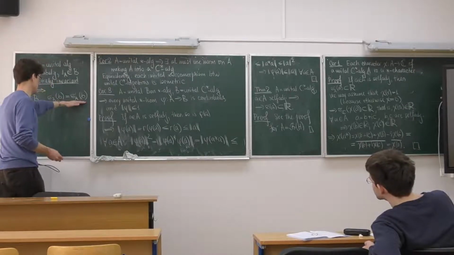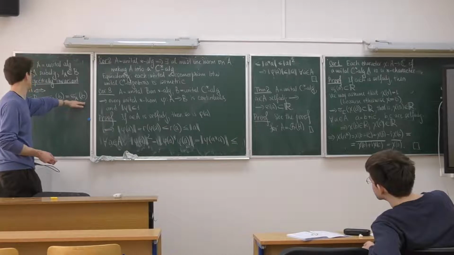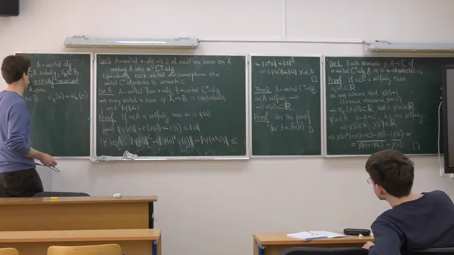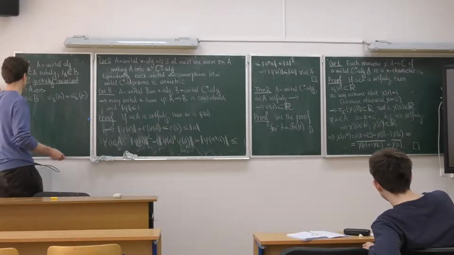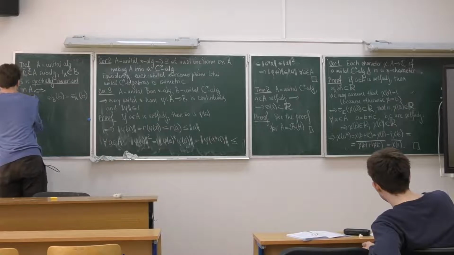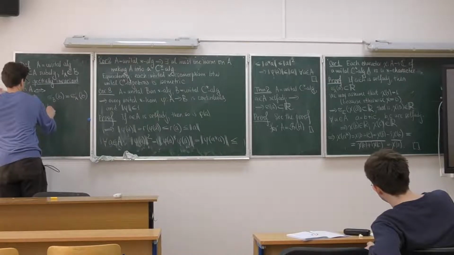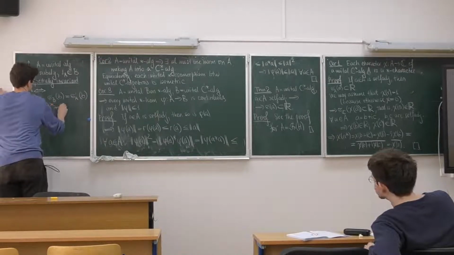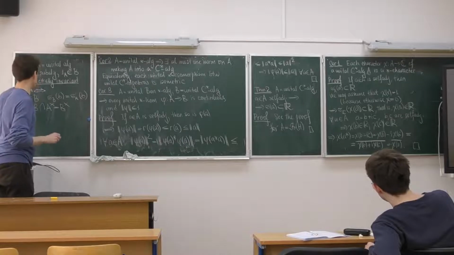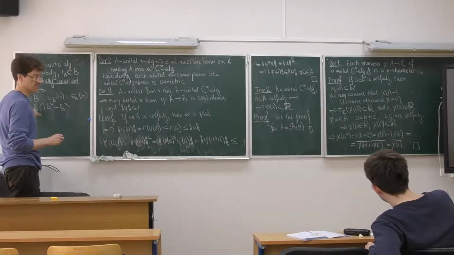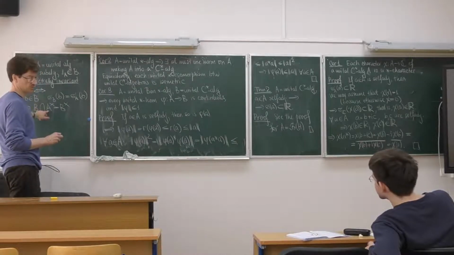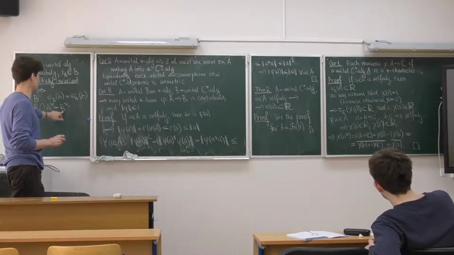And if they are always the same, then we say that B is a spectrally invariant subalgebra. Or equivalently, this means that we have the following equality, which means that if an element of B is invertible in A, then it is invertible already in B.